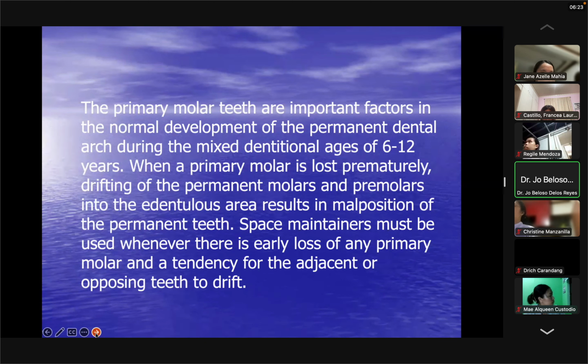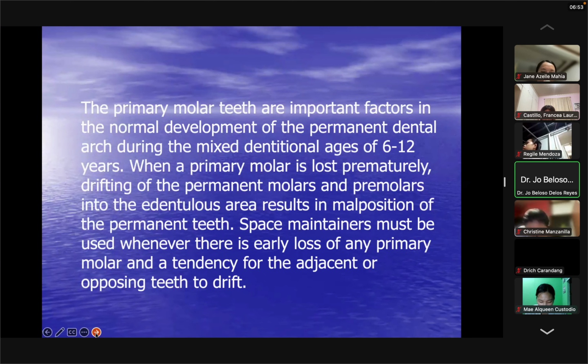Now, say for example, at age 4 or age 5, your primary molars become badly carious, as in severely carious, and you have no choice but to extract. So that is an early loss of the primary molar. So it causes malocclusion. Why, and how will it cause malocclusion?